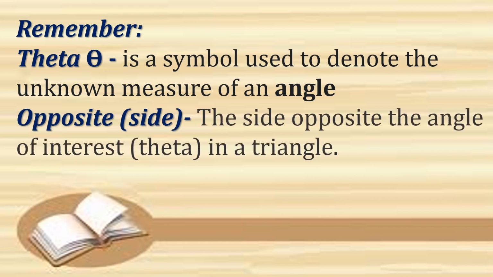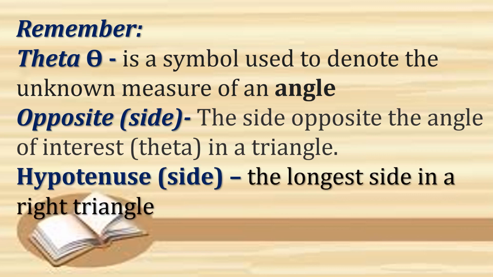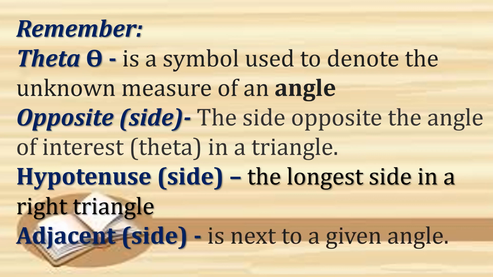That is the side opposite the angle of interest, or the angle theta in a triangle. Next, hypotenuse, the longest side in a right triangle. And lastly, the adjacent side is the side next to a given angle.